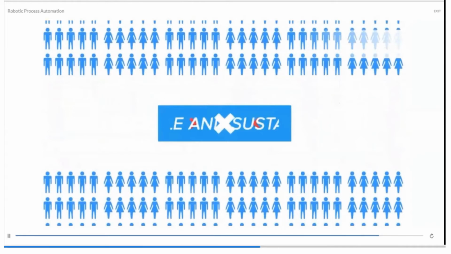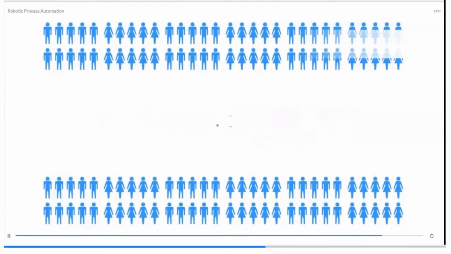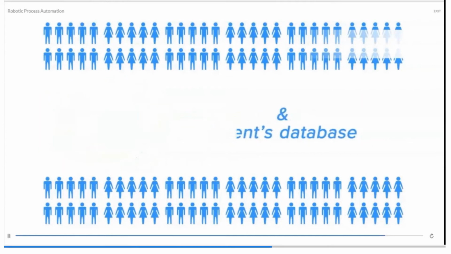Once RPA gets into the picture, we can see it is able to reduce the human workforce. So it provides a feasible and sustainable system, especially in the healthcare industry, to maintain the patients' database and to create the checklist of the patients. We can use this RPA process.